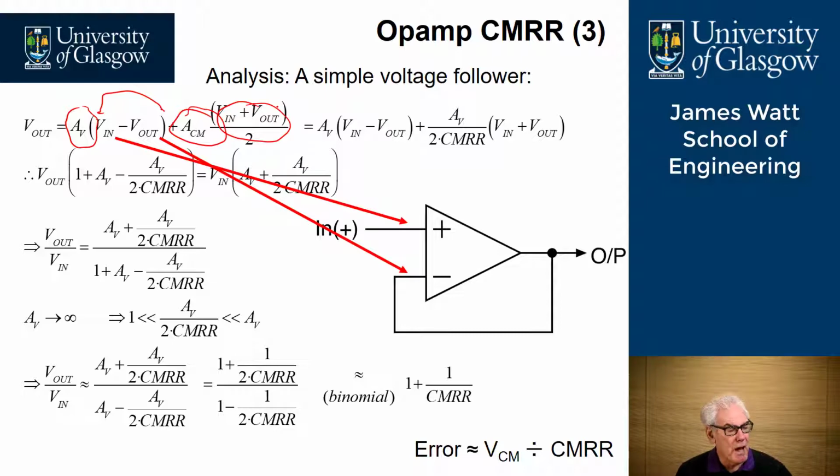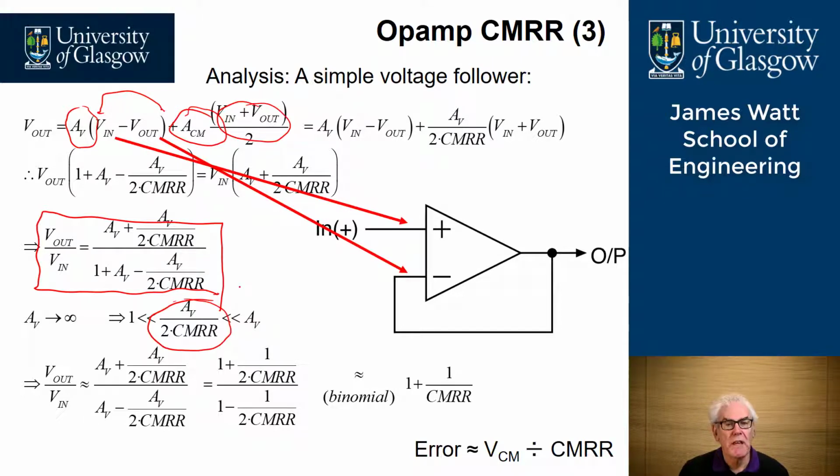If we work through the maths, and I'm not going to do the detail here, we'll end up with an equation that looks like that there. Because the gain is very high, we can say that this factor here is much less than AV, which is very high, but it's also much higher than 1.